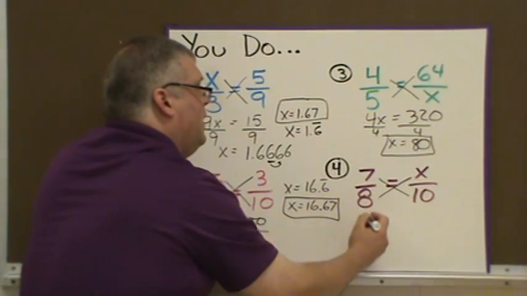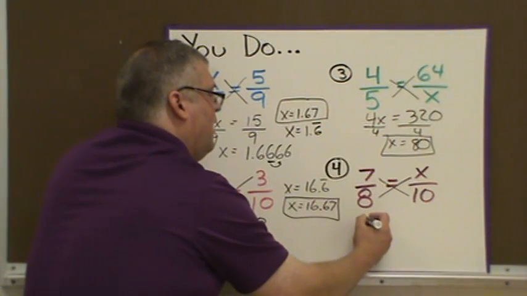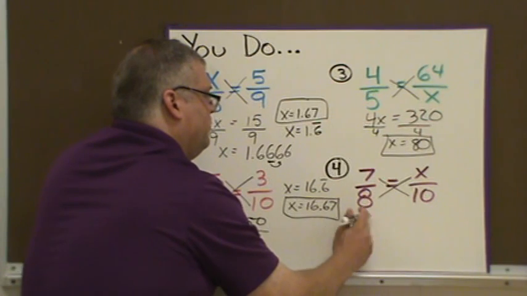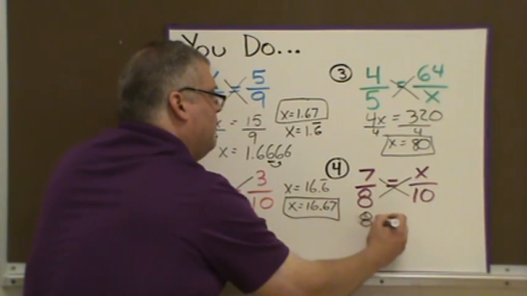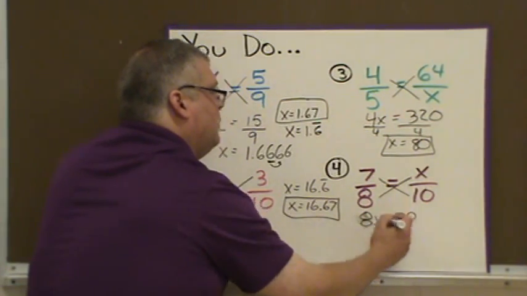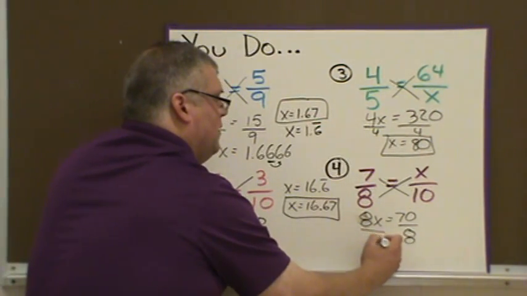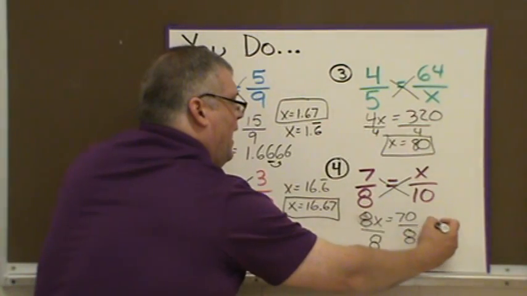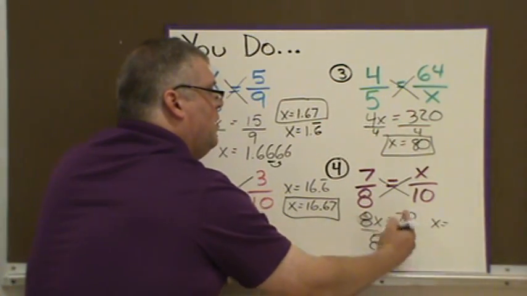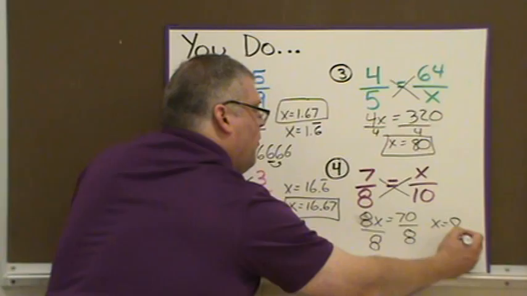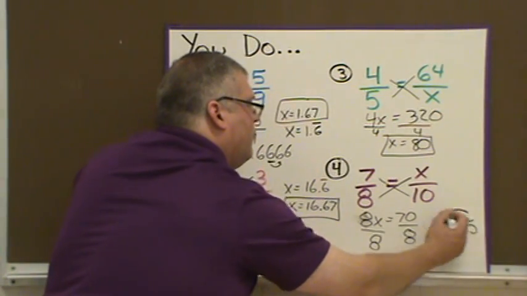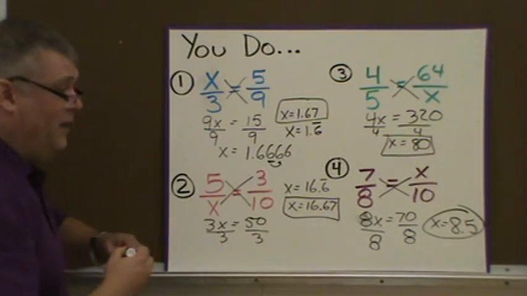And we cross multiply here, we get 8x is equal to 70. Divide by 8, and you get x is equal to 8.5. There's my final answer.